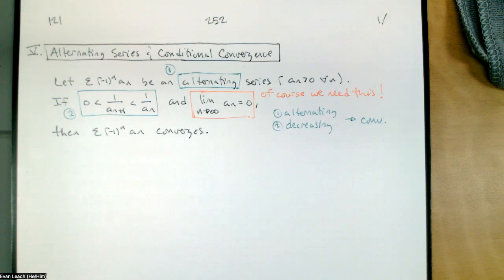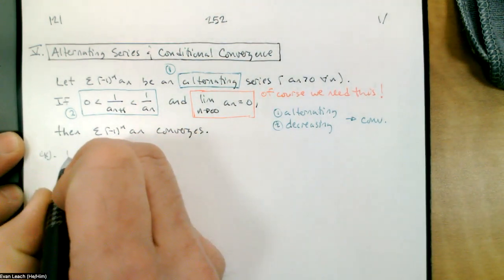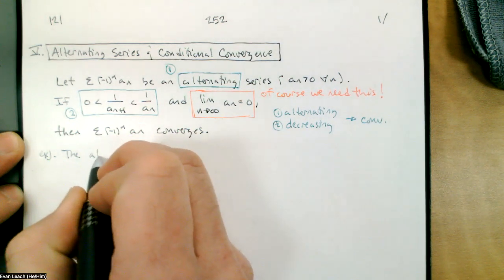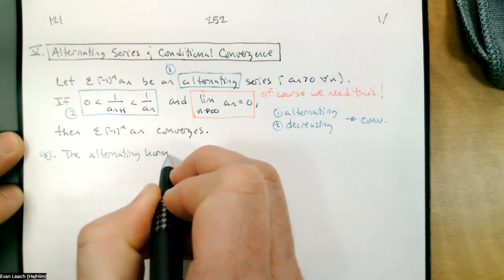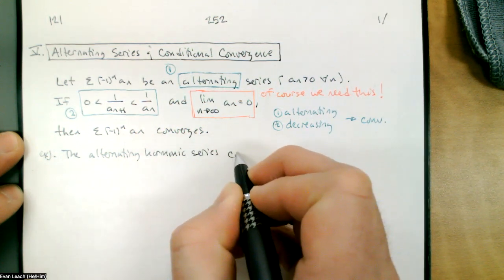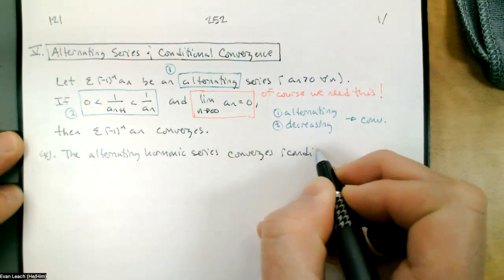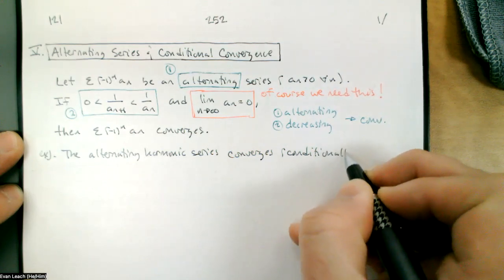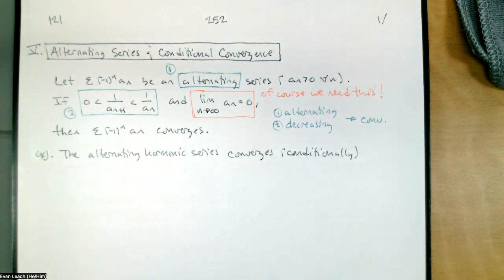Our favorite example of this is, of course, the alternating harmonic series. It converges conditionally, but the alternating harmonic series converges with a finite sum.